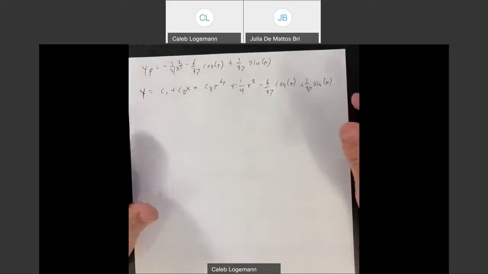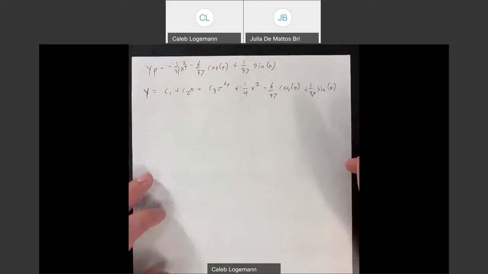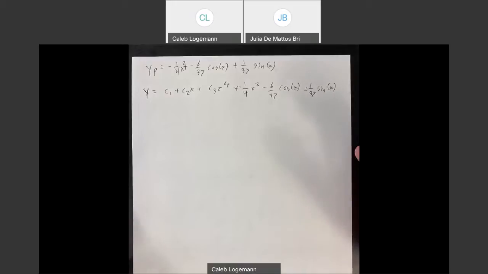And so that's the idea. It's always making a guess. You need to do a little bit of practicing about how you form your guess, and it's going to depend sometimes on the homogeneous solution. Make sure you include all lower order terms, plug it in, you'll get a set of equations, and try and solve those.